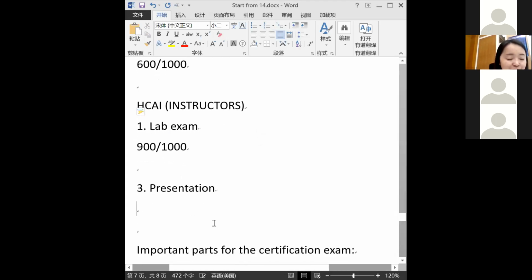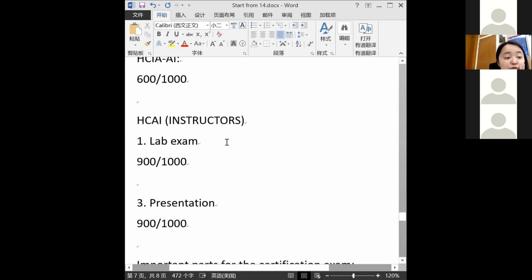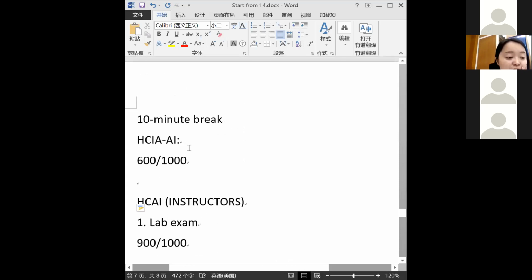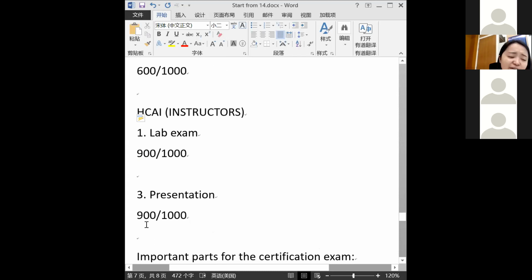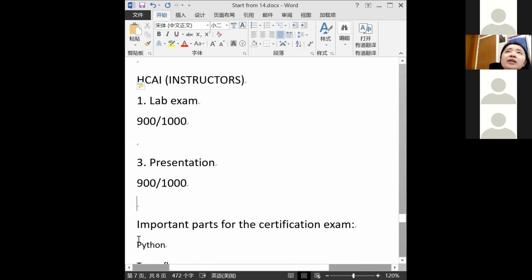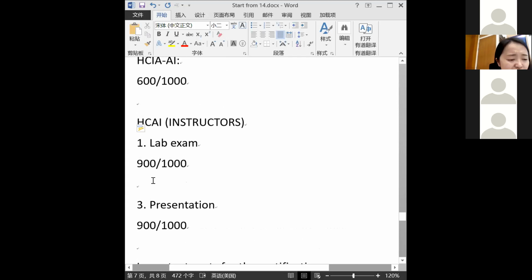For the presentation, the pass mark is also 900 out of 1,000. So 3 exams. For the certification exam, the duration may be 1 hour and a half. For the lab exam, the duration is also 1 hour and a half. The presentation exam is 1 hour and a half or 2 hours, I'm not sure.